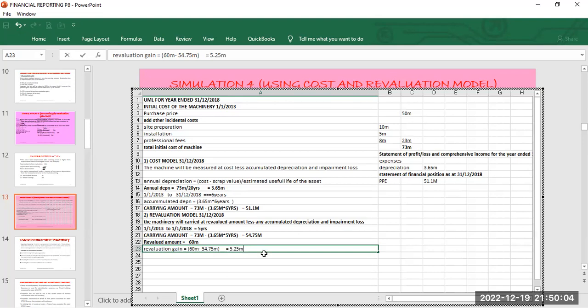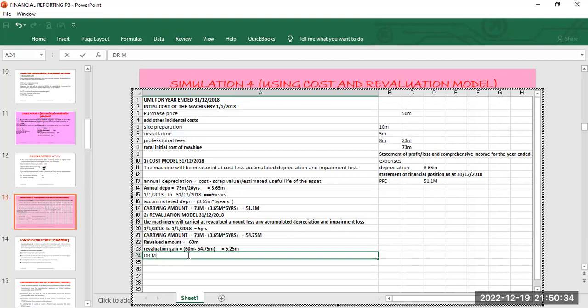And this is a gain. So when we have got a gain, we do the double entry, because when you get a chance of making these double entries, please go ahead and do them, because these are the ones that help you to explain more, or to give the person who is viewing more clarity on certain items, because we are reporting to some people who don't even have any accounting background.